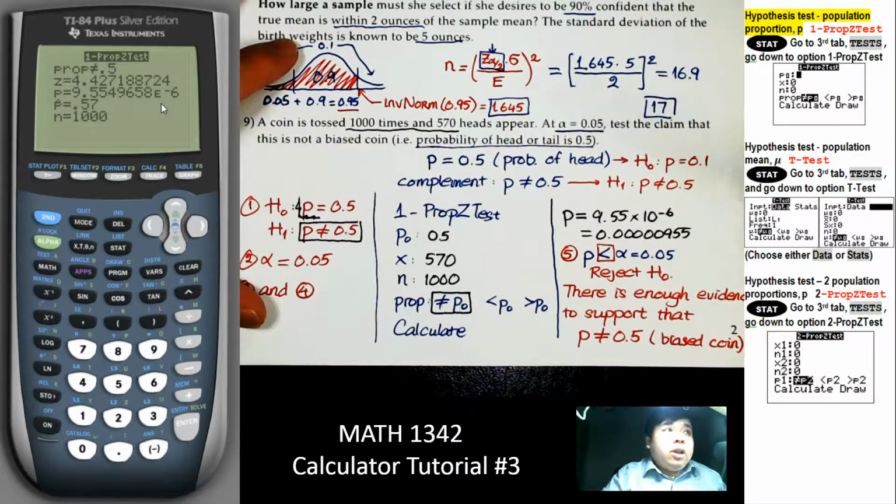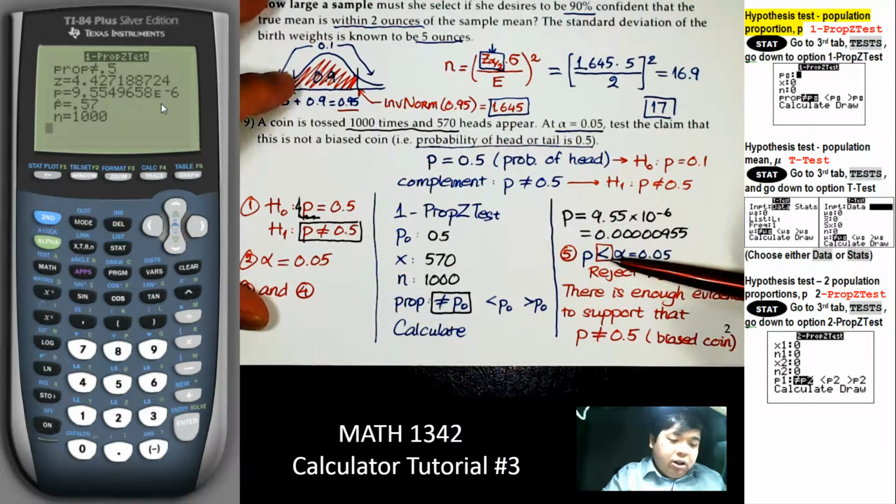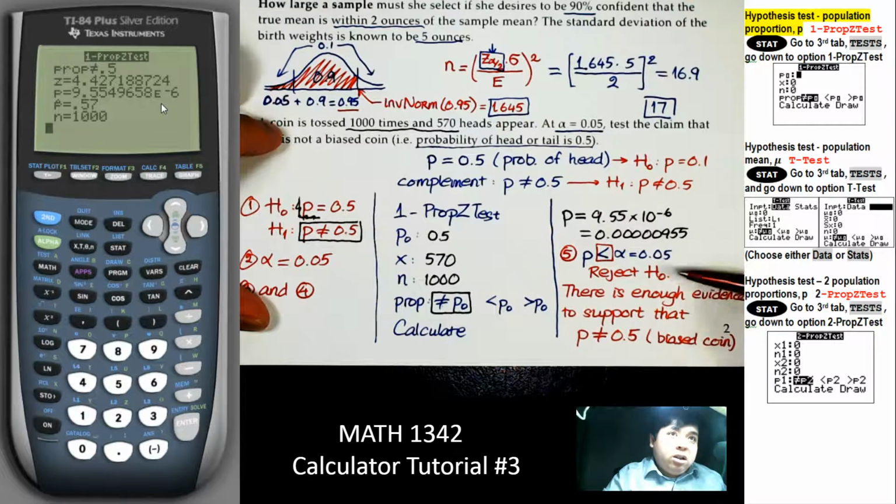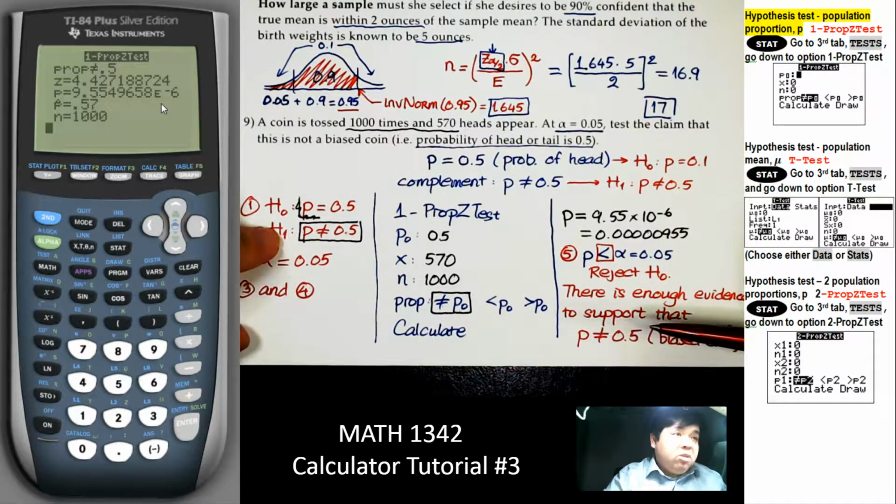So again, P less than alpha, reject the null hypothesis, and there is enough evidence to support the alternative hypothesis, P not equal to 0.5.